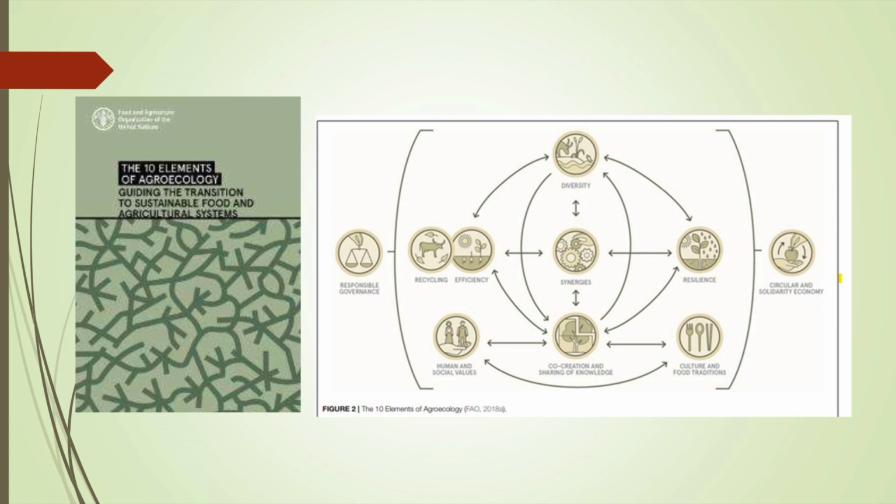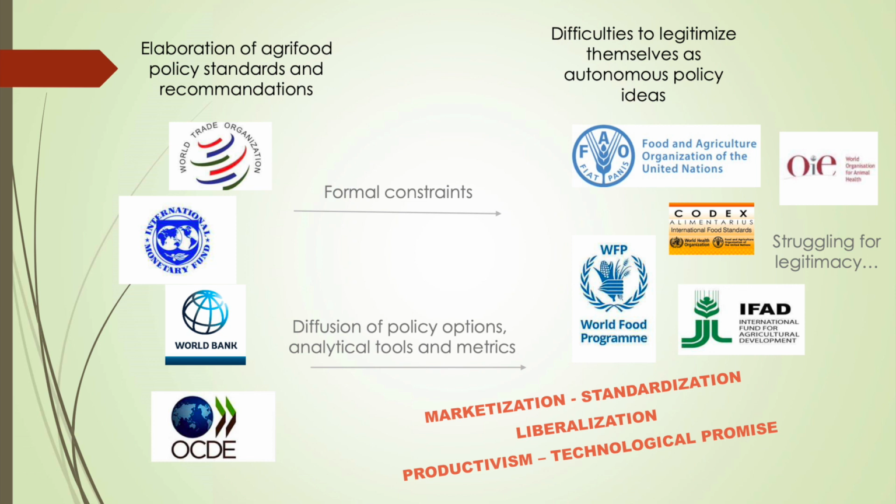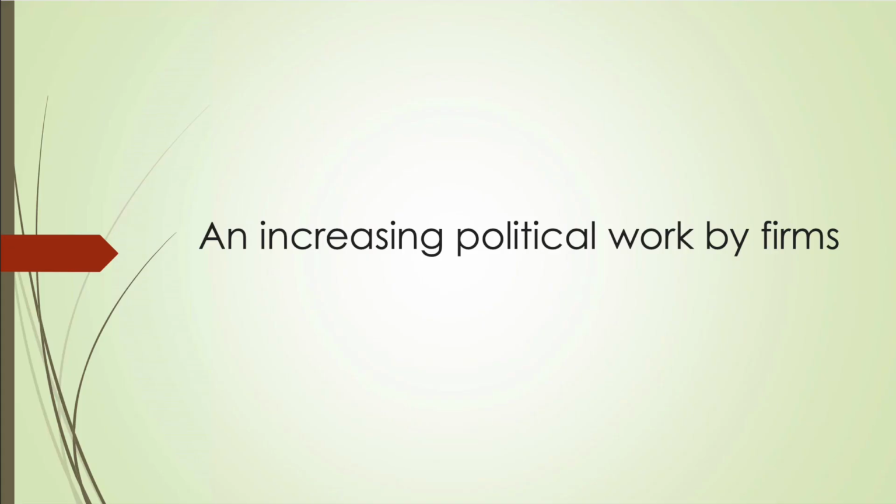You have some kind of international organizations dominating others and producing this referential, which is dominating the food system with marketization, standardization, liberalization, productivism, and this belief in a technological premise. So this is one part of the global governance. And the other part of the global governance, which is directly related to this one, is made by firms.